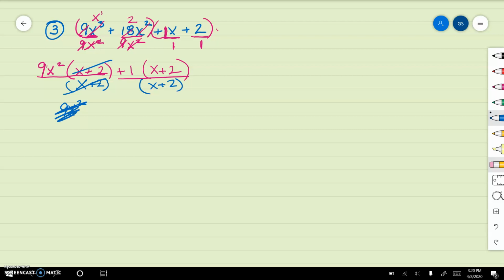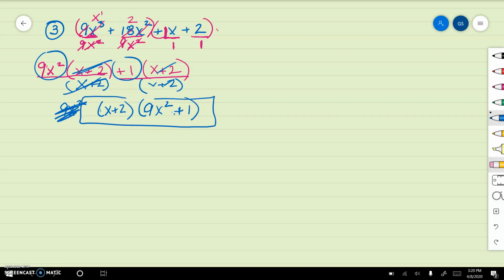So the x plus 2 is your greatest common factor. That's your greatest common factor, so we can cancel those out. And what's left over is 9x squared plus 1. That's why we have to pull the 1 out. We need something to fill in that placeholder. Okay, that's number 3. One more.